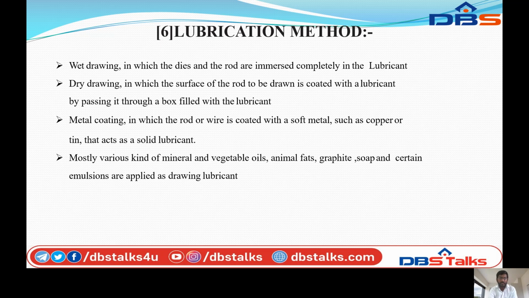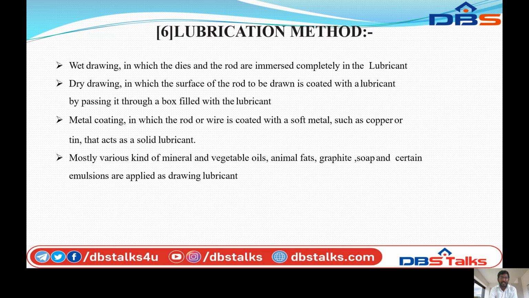In the wet drawing process, the dies and rod are immersed completely in the lubricant. Coming to dry drawing, the surface of the rod is coated with lubricant by passing it through a box filled with the lubricant. In metal coating, the rod or wire is coated with a soft metal such as copper or tin, which acts as a solid lubricant.